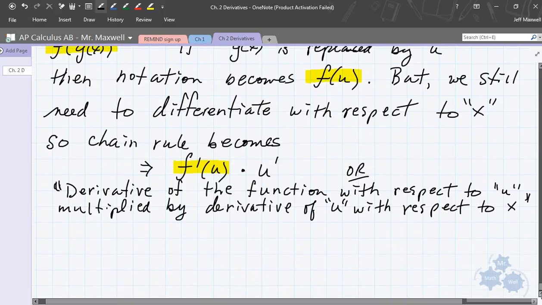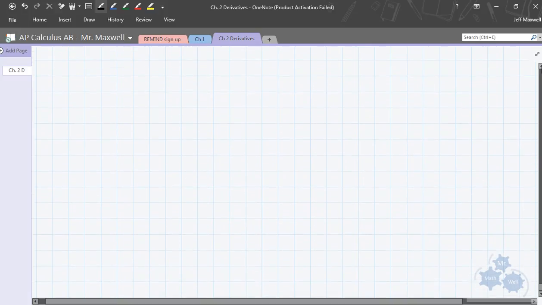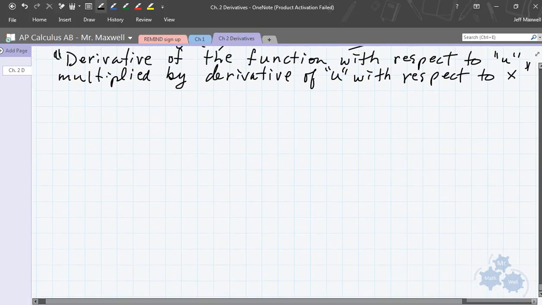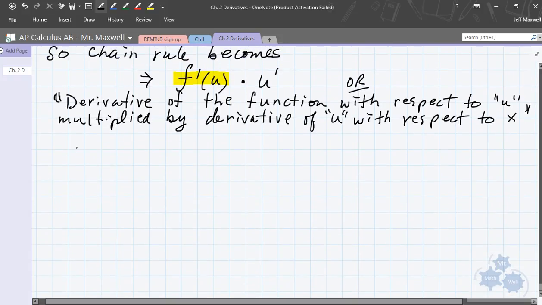So I just wanted to clarify this. Now, Leibniz notation, okay, talks about, it's like this, right? dy over dx, right? This means the derivative of y, so y prime, is sort of what we would say, or we would say f prime of x, right? The derivative of y, the function, f of x, with respect to x. That's what that means. The chain rule becomes this.